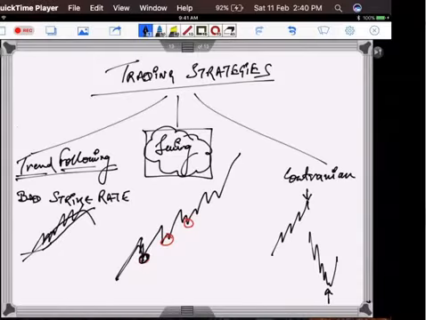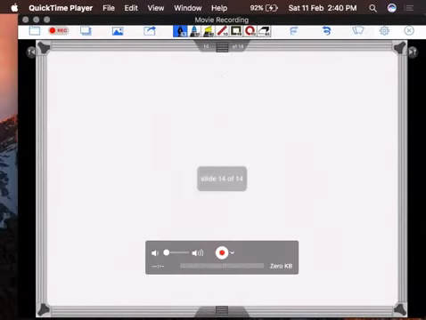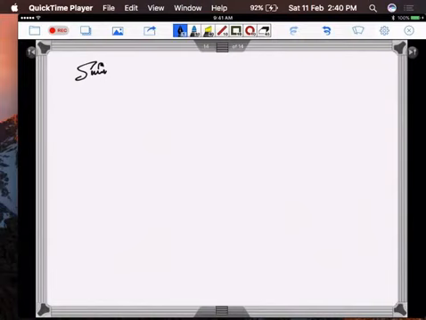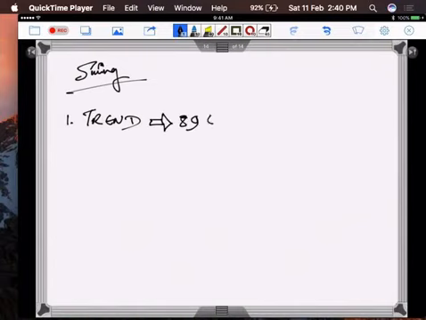Now for swing strategy, I need to first define the trend, because I will not do opposite to the trend. Uptrend, I will go long, downtrend, short. So to define the trend, we will use the 89 exponential moving average.